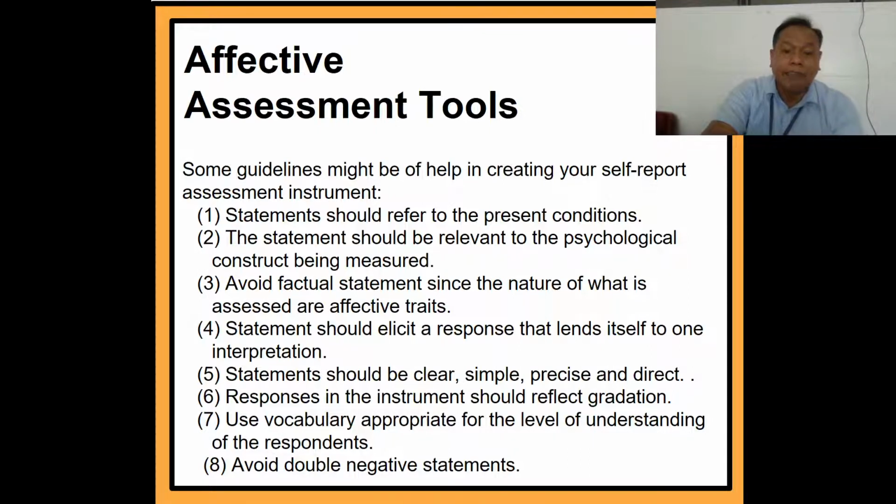Okay, the statement should be relevant to the psychological construct being measured. Of course, you should have only one topic, no? Because if there are so many topics, the student or the respondent might be confused. Avoid factual statements.